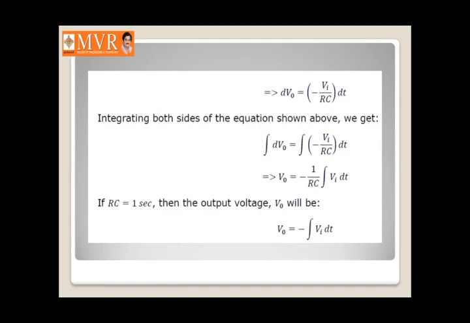So we have minus 1 by RC integral of Vi dt.